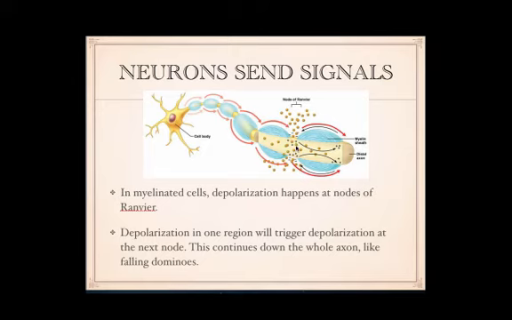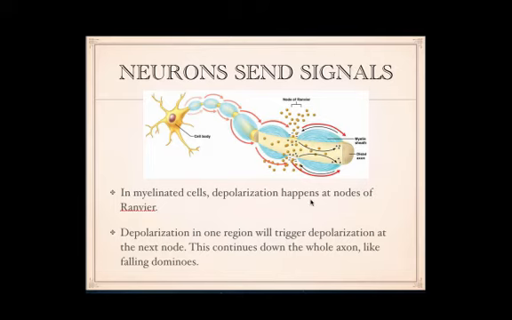Once this happens, once we have depolarization at one node, that positive charge kind of spreads out, and the whole region underneath this Schwann cell is depolarized. That depolarization is going to affect the next node by opening up all of the sodium ion channels at this spot so that more sodium can rush in.